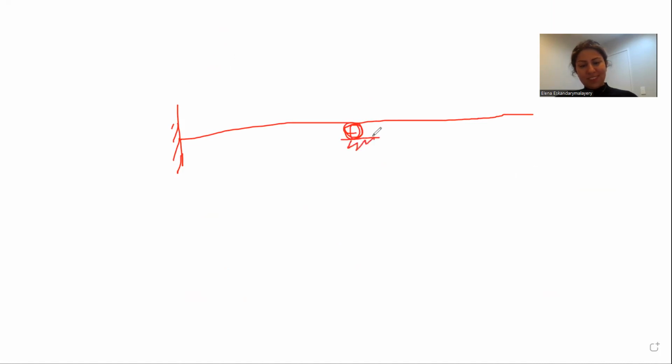So let's say we have a not straight beam with, let's be generous, more supports.